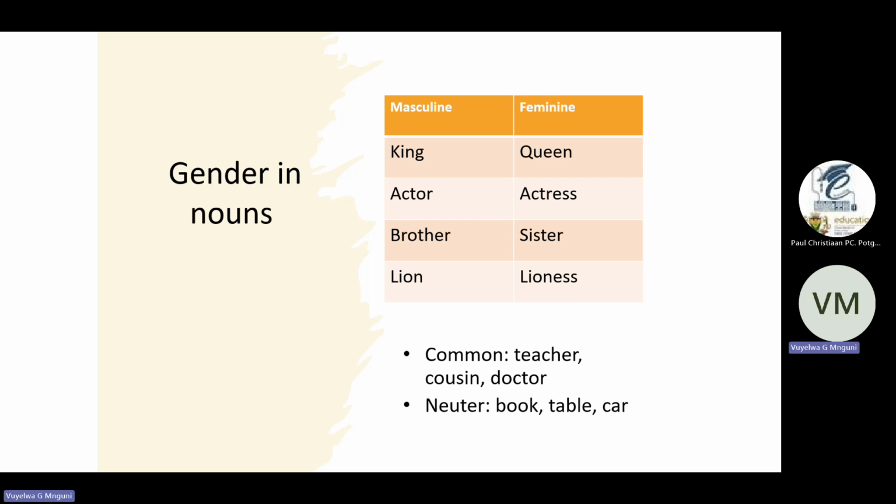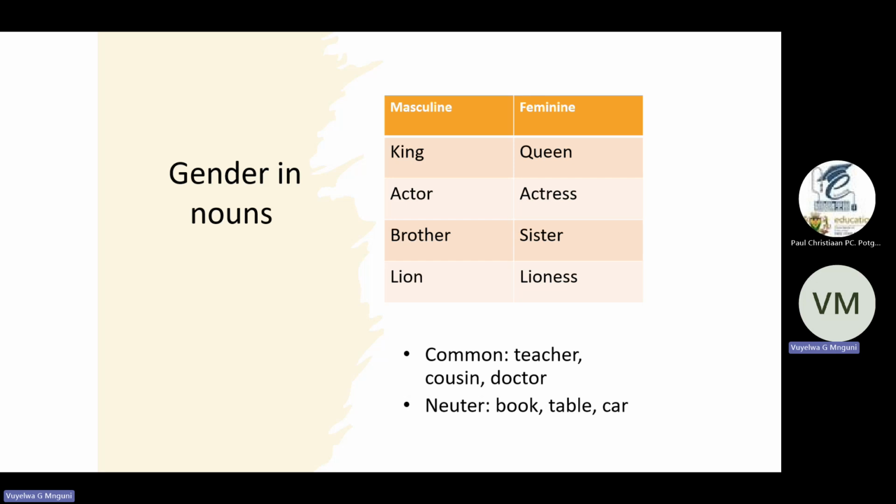So let us look at the words now: teacher, cousin, and doctor. Surely you've never heard people calling teachers a male teacher and a female teacher. Sometimes I normally hear people say my cousin's sister or my cousin brother. No, we do not have such, because these are common nouns or common genders.